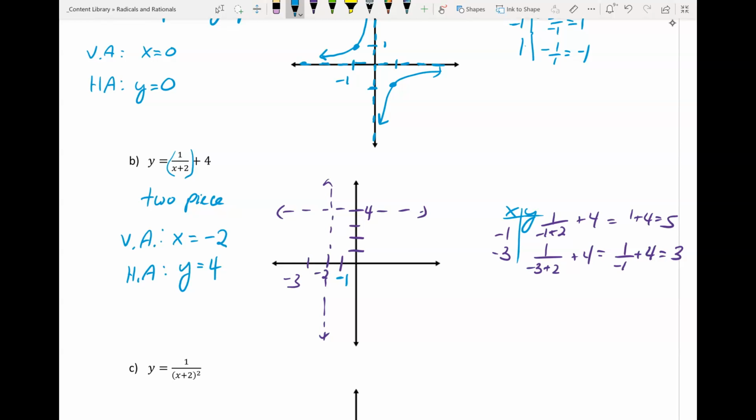We have it at -1, 5, and the other one's at -3, 3. Then we're going to follow the same shape for our two-piece graph. Our arms are approaching the asymptotes, but not touching them. Extend a bit with those arrows, and then we are done.